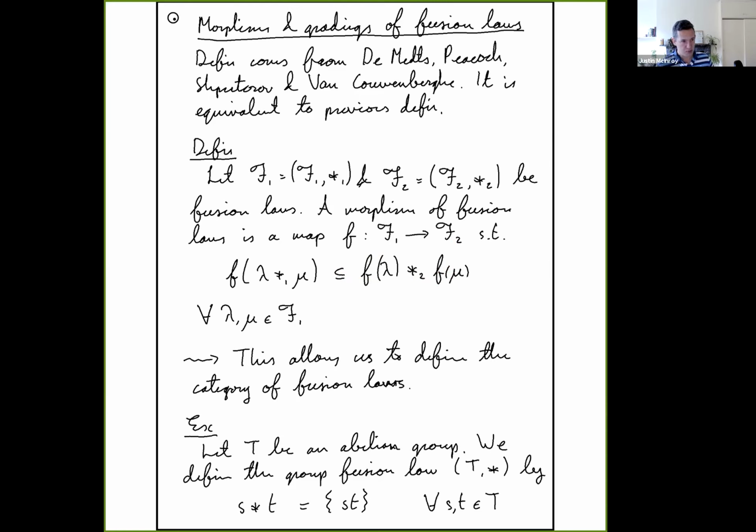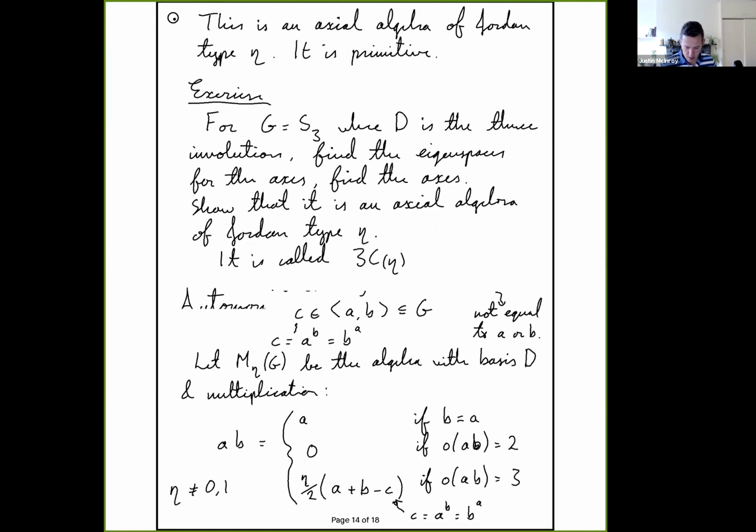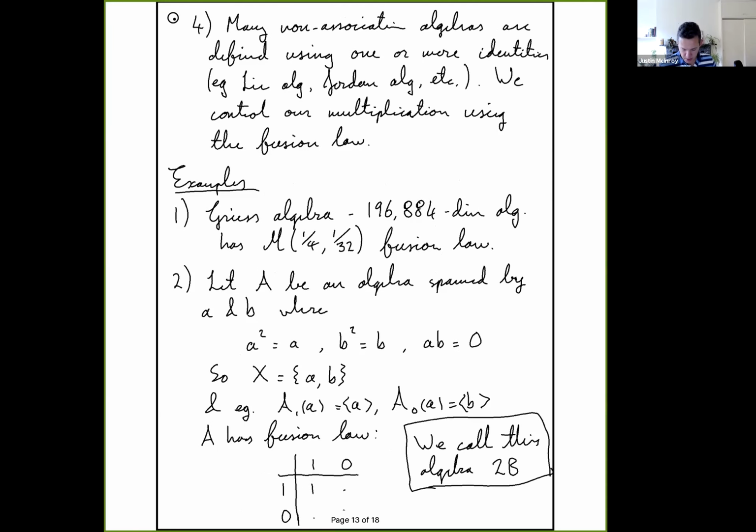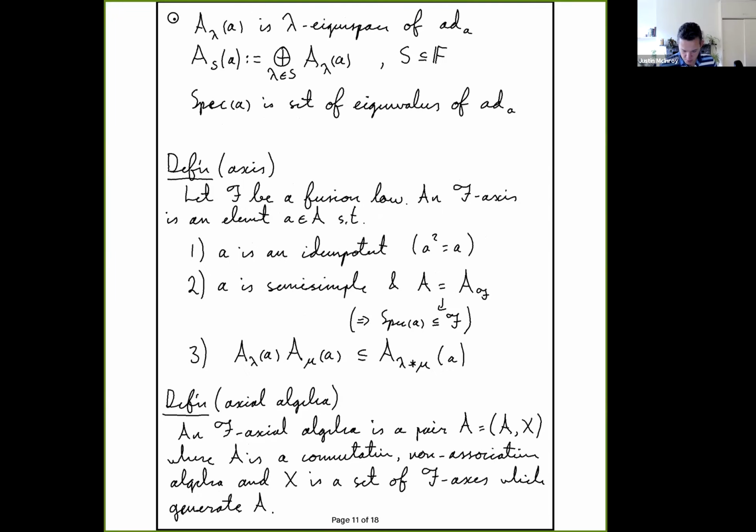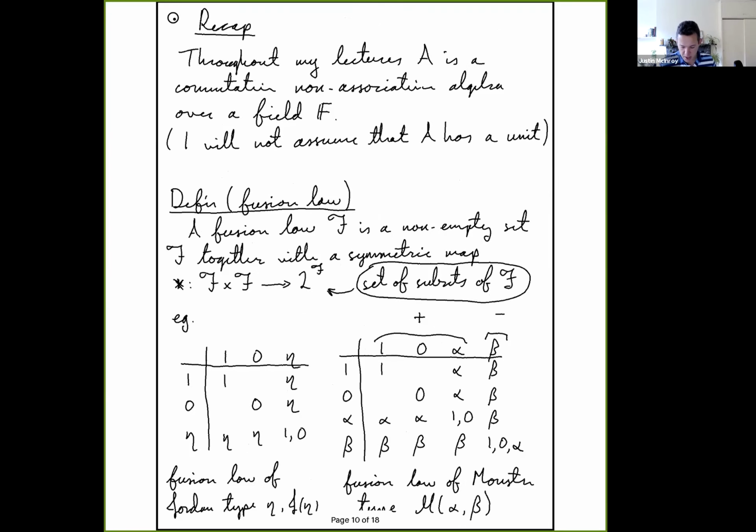Actually, a concrete example of this would be a morphism from the Jordan type alpha fusion law.